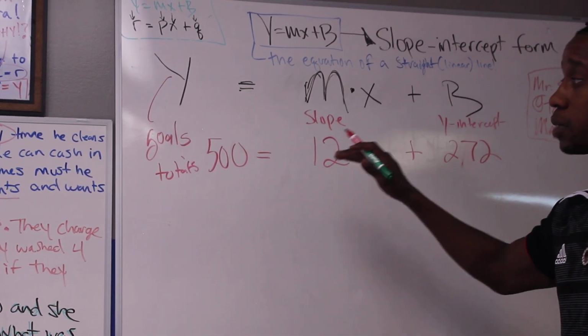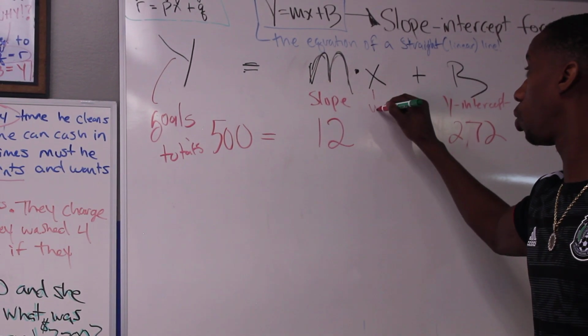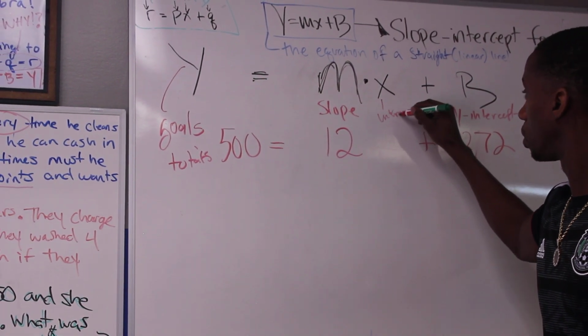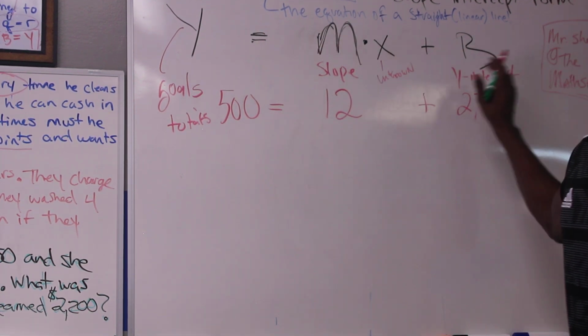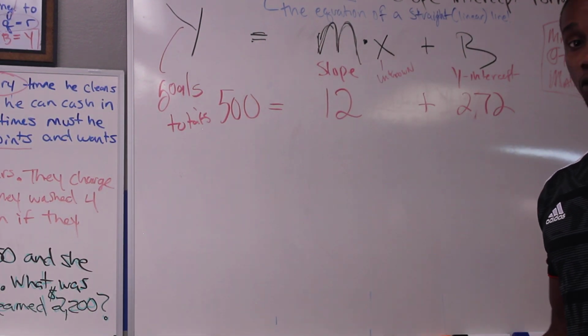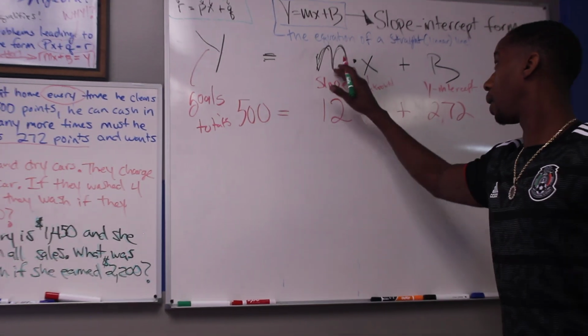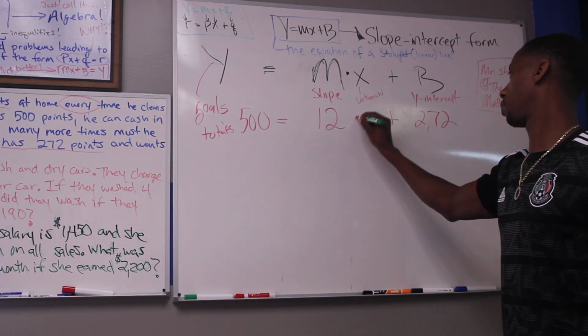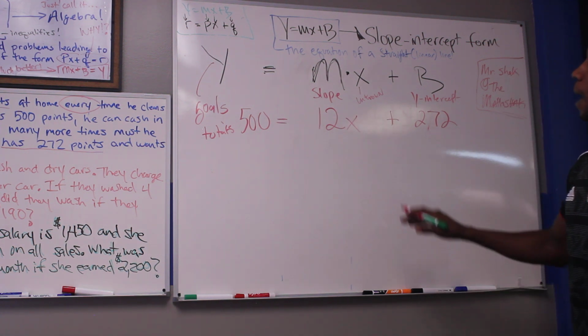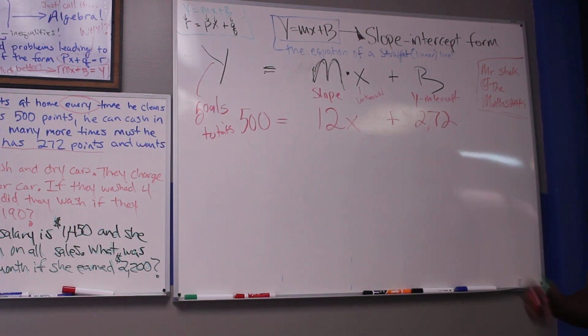Now, as I said before, x is usually the unknown or what you're looking for. So the beauty about this is, even though there are 4 variables, you really only need to find 3: y, m, and b. Once you find 3, we can always find the 4th. Because now I've built a 2-step equation that I can solve for x.